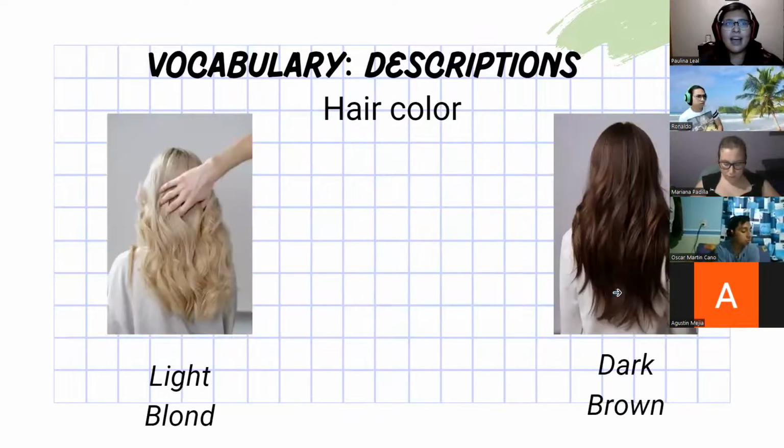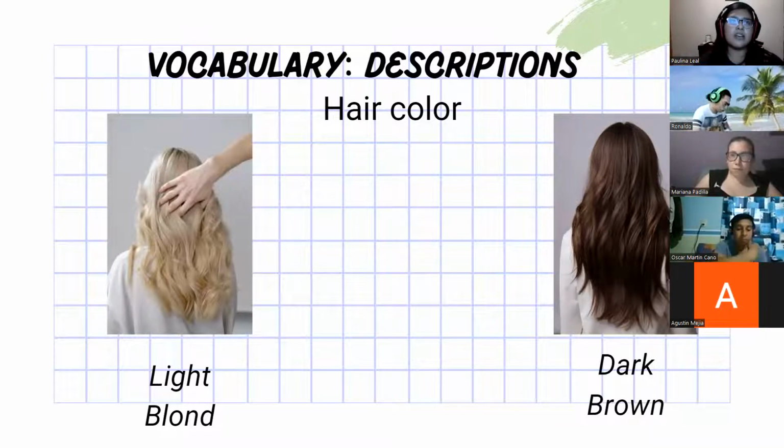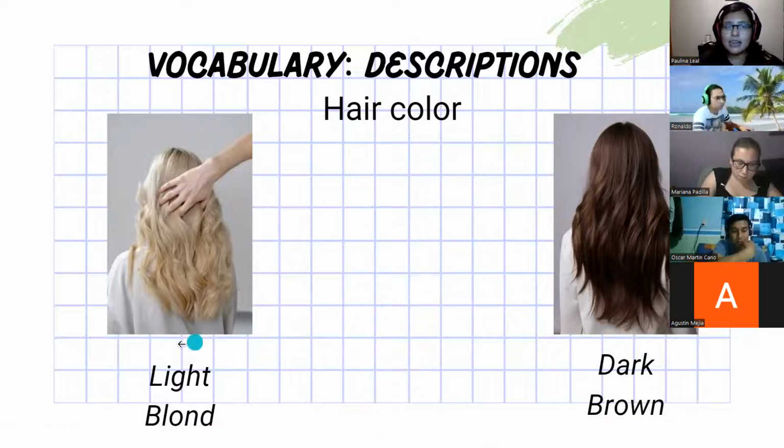Well, I can describe the color of their hair. Now, I can be very specific with a hair color, or I can be sort of general. For instance, I can say that this hair is light. Puedo decir que este cabello es claro.